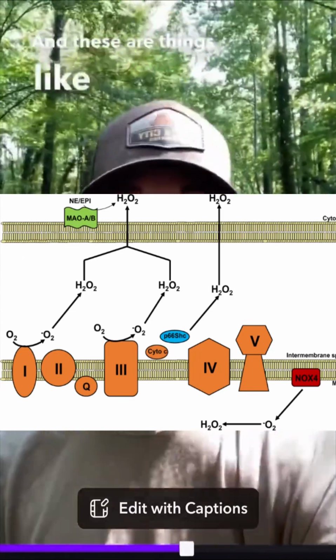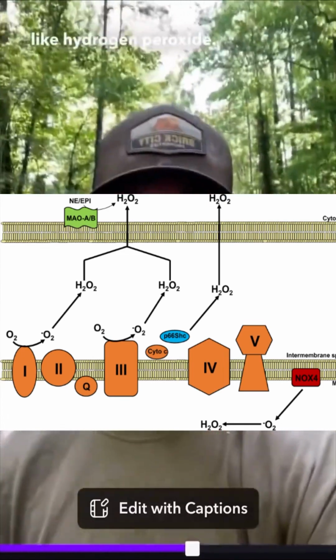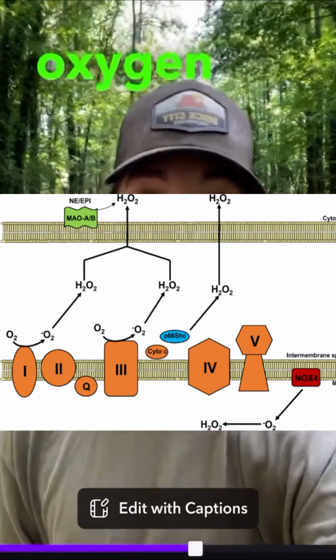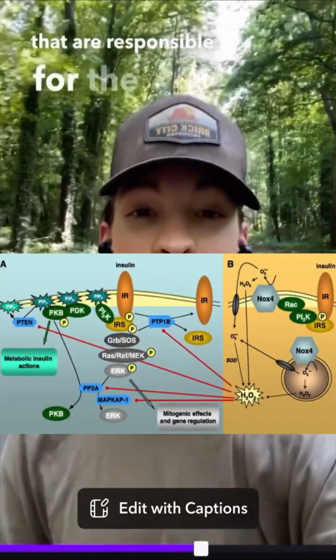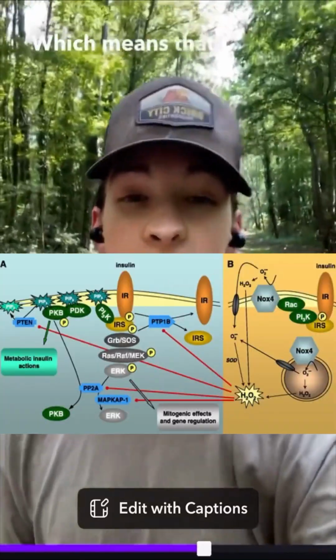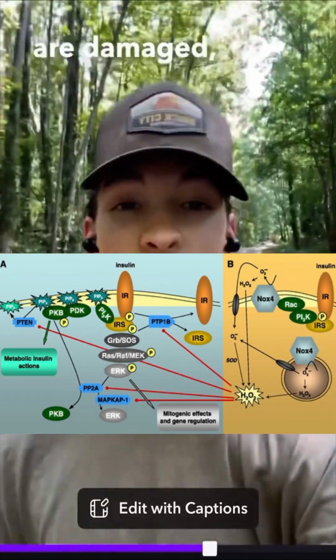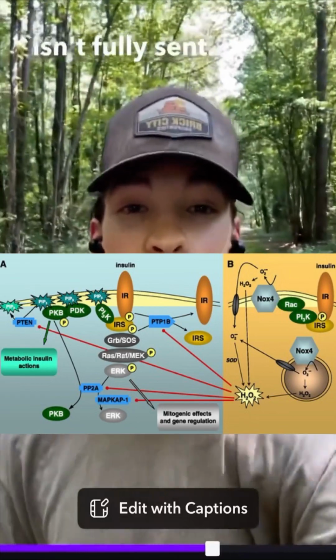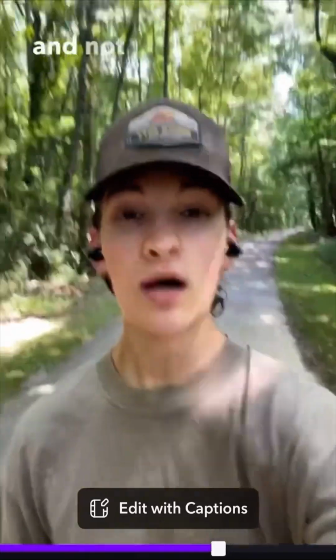And these are things like hydroxyl radicals and things you may have heard of, like hydrogen peroxide. And these reactive oxygen species can damage some of the proteins that are responsible for the insulin signal, which means that even when insulin binds to its receptor, because some of the proteins are damaged, the actual signal isn't fully sent. Or there are specific disruptions in some of the signals and not others.